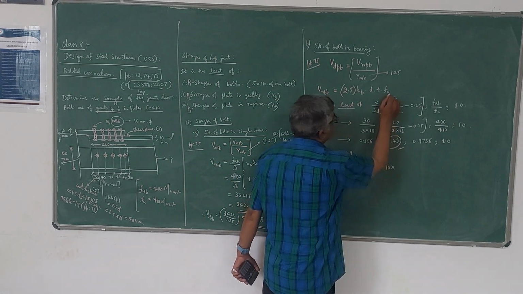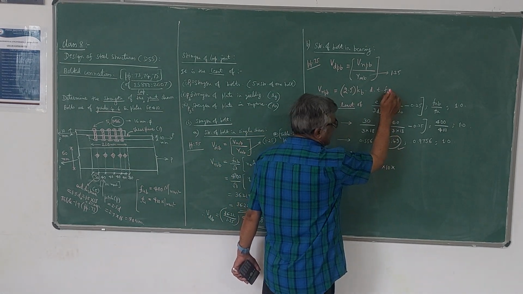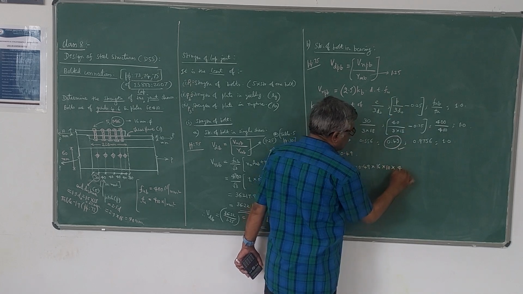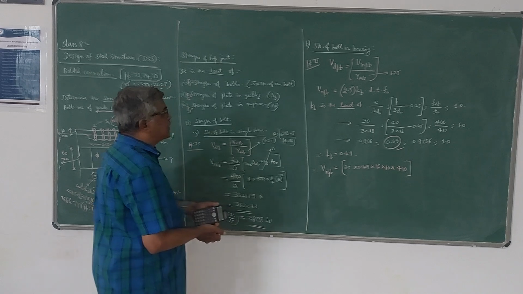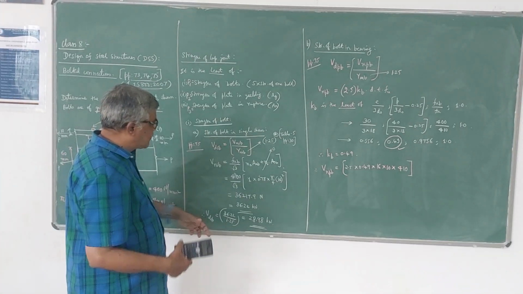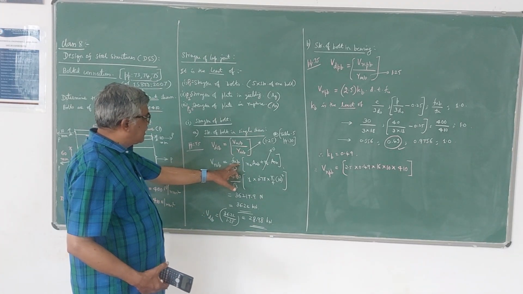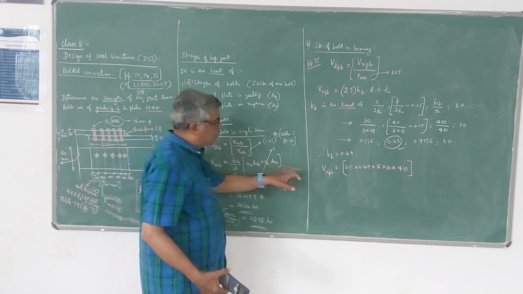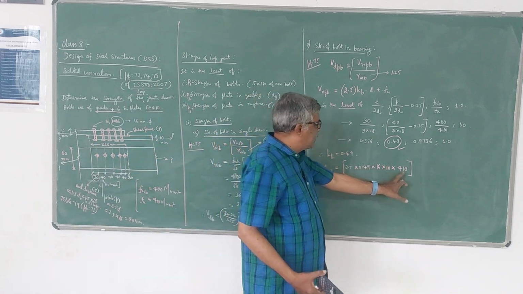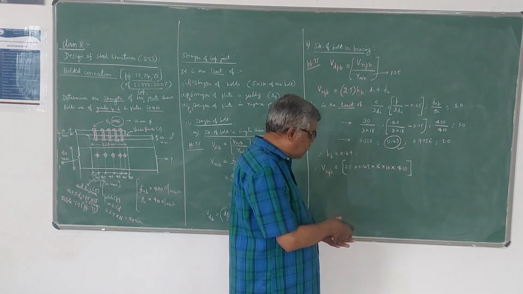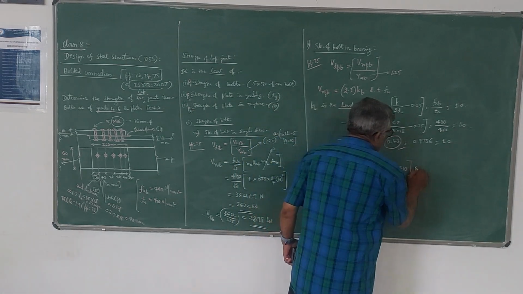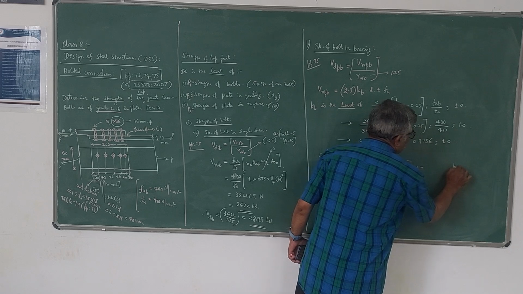Into fu, please note fu is the tensile strength of the plate, which you have to take as 410. Please note that when you are calculating the strength of bolts, we take the fub value, whereas when we are calculating the strength of plate in bearing, we are taking fu of the plate. Now this value we will be getting in newtons, so later on we can convert it to kilonewtons.